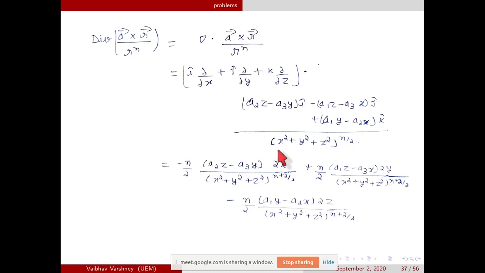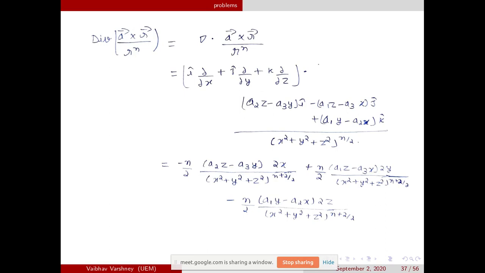So when you do the derivative of x square plus y square plus z square की power n by 2, if you take it above, then it will be x square plus y square plus z square की power minus n by 2, and if you take it del by del x, then you will apply the rule nx की power n minus 1. So it will come out to be x square plus y square plus z square की power minus n by 2 minus 1.